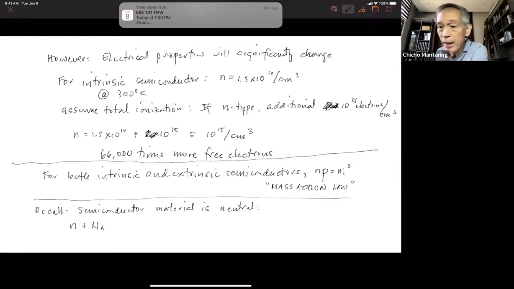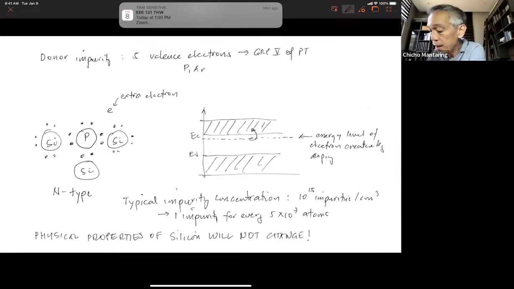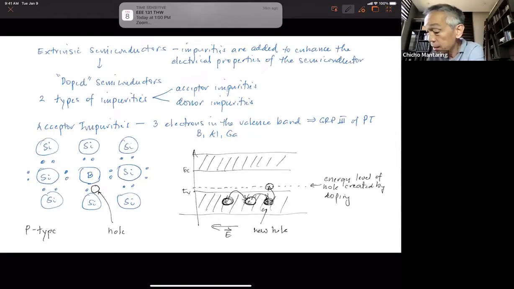Okay, when an acceptor, this is your acceptor impurity, when a hole is occupied by an electron, so originally here I have a hole, when that is occupied by an electron, then all of a sudden this lattice position becomes negatively charged, because the boron atom has only enough positive charge to neutralize 3 electrons.